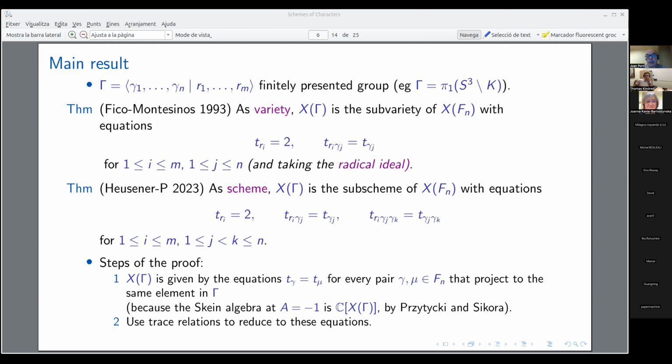You can take a three-manifold with this group, and they prove this theorem. And from this, it follows easily that all you need is to impose these relations.